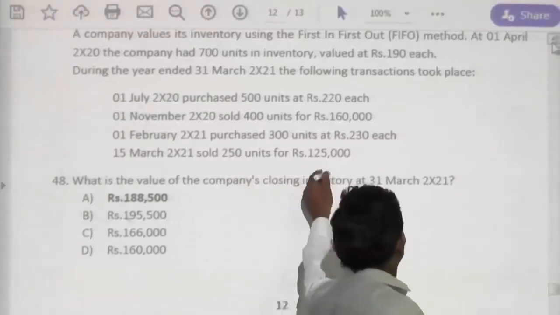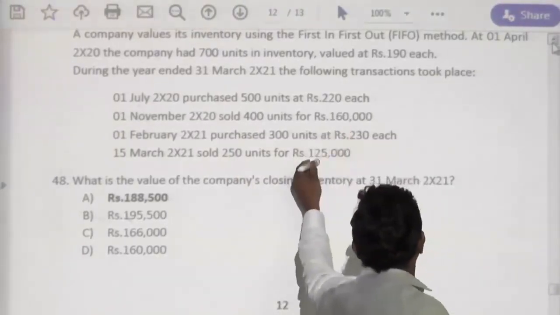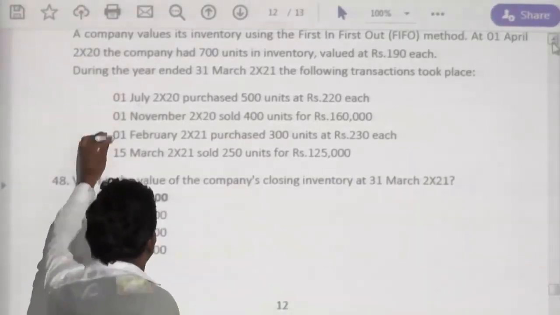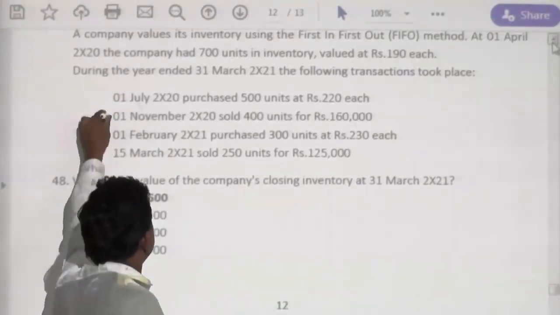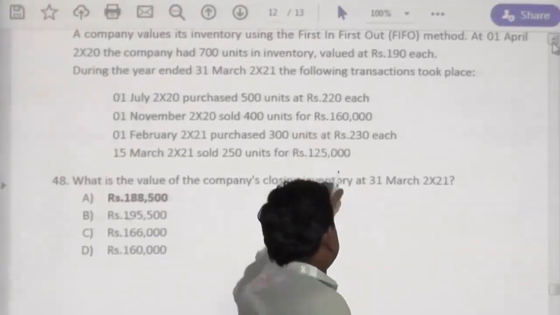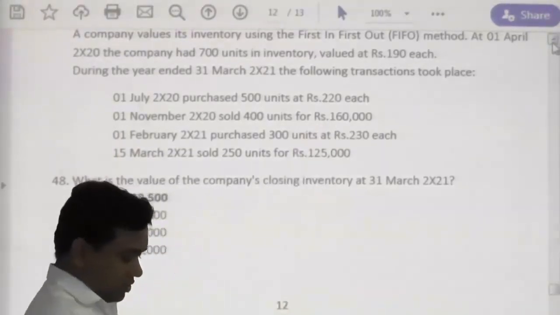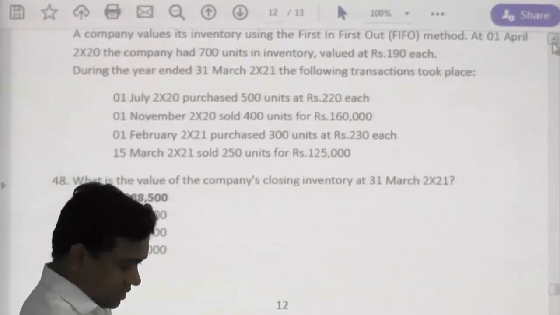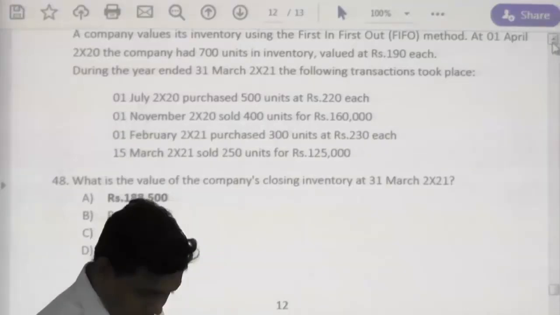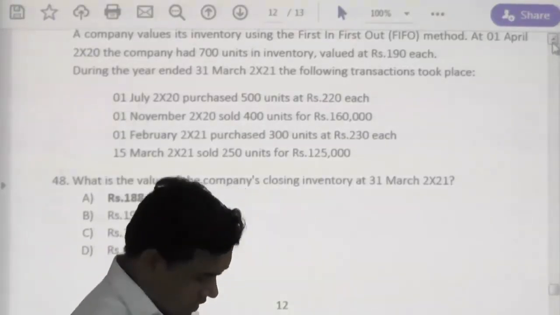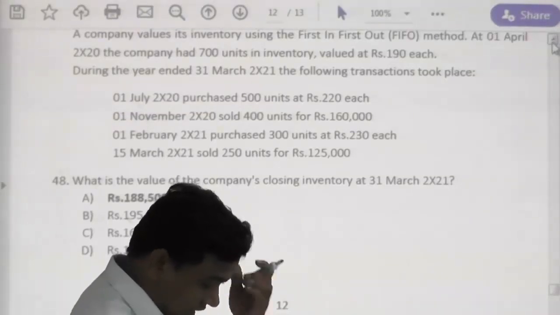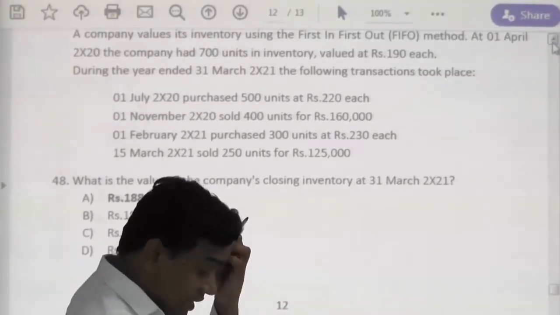Therefore, total sales price is 160 and 125. These are the sales prices, 160,000 plus 125,000.